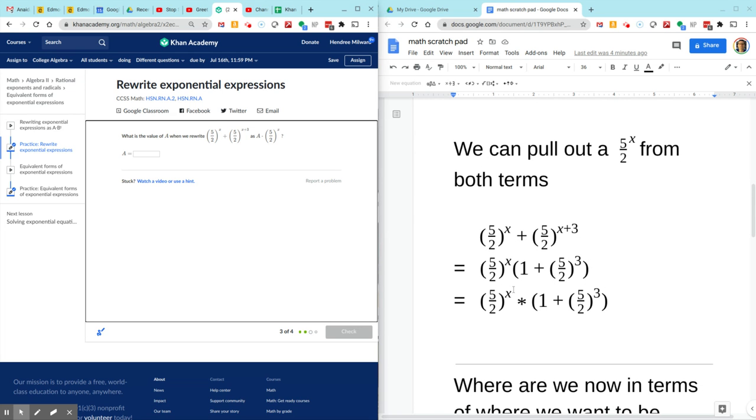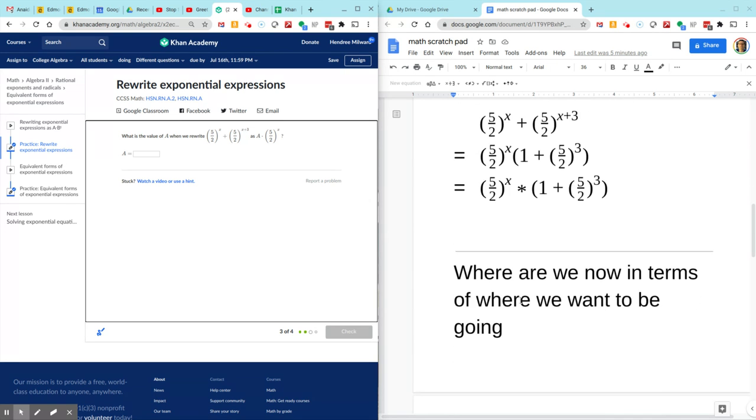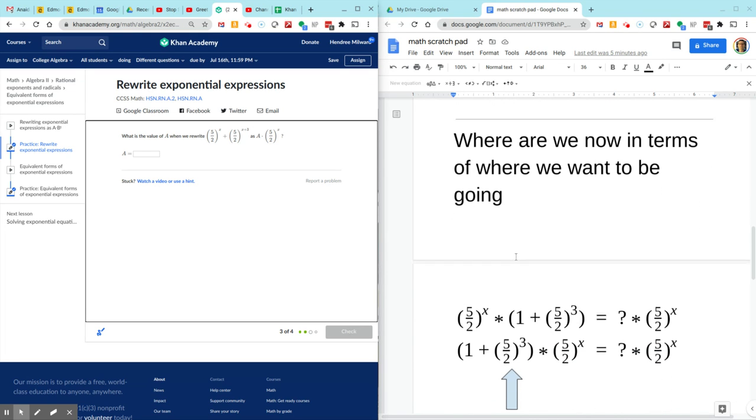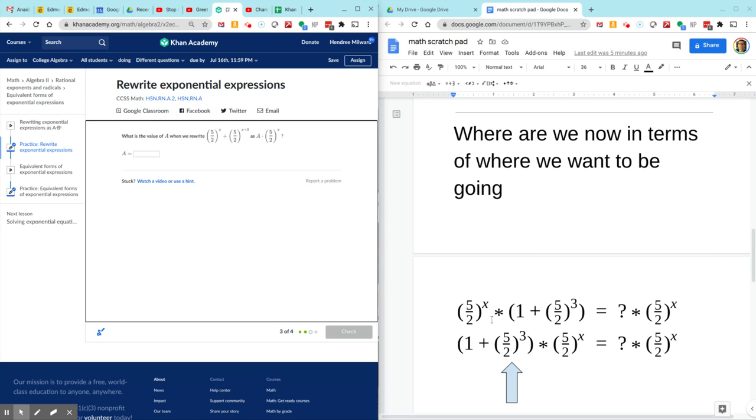And this last step, this multiplication is already here, but I put this in to really emphasize what we've got going on here. Where are we in terms of where we want to be? So we've got this 5/2 to the x times this stuff, and we want to have something times 5/2 to the x. First thing I can do to make it look more like the right side is just flip this around.